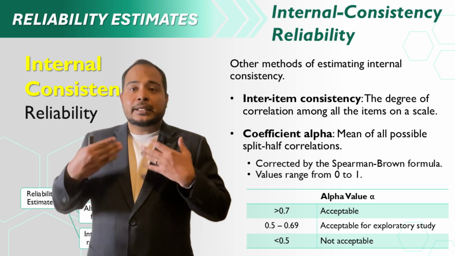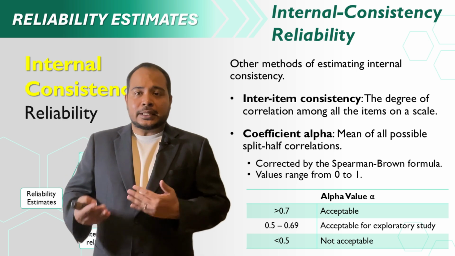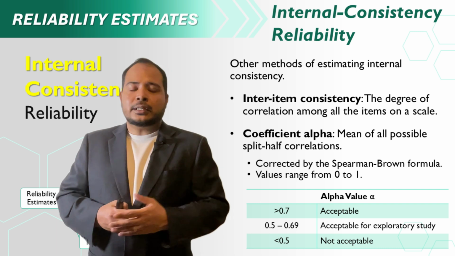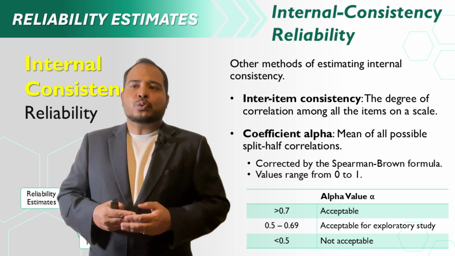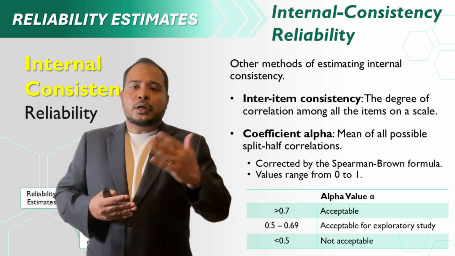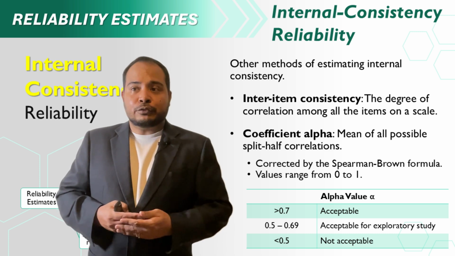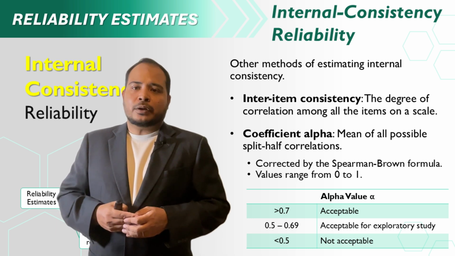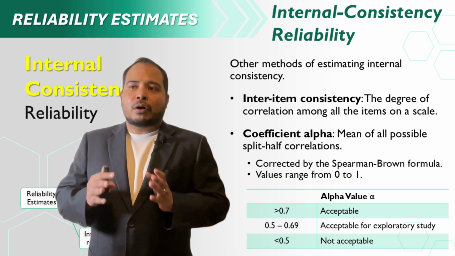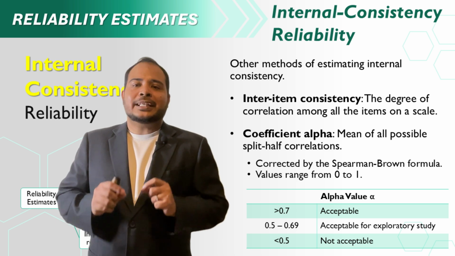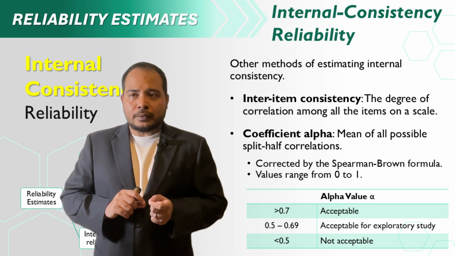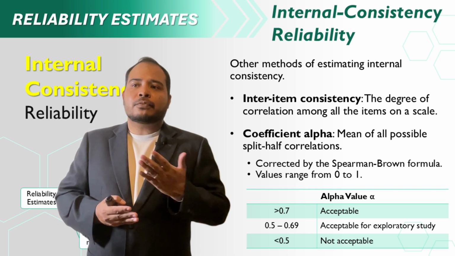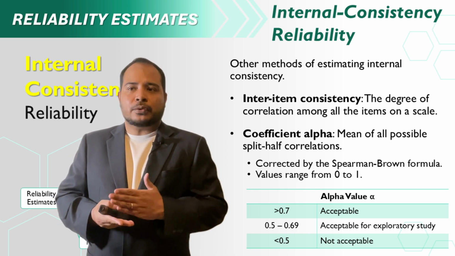Besides inter-item consistency, which can give us an indication of internal consistency reliability, we can also establish internal consistency reliability through coefficient alpha. You may be more familiar with Cronbach alpha, referring to the same thing. Coefficient alpha is the mean of all possible split half correlations.